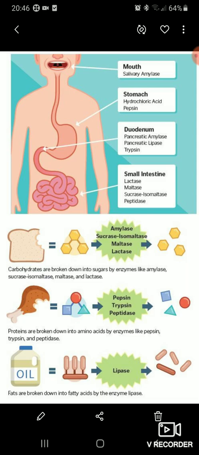Synthesis of vitamin A from carotene and storage of vitamin A, B12, E and D. Synthesis of albumin from amino acid. Storage of inorganic substances like iron, copper and potassium. Formation of blood proteins, that is prothrombin and fibrinogen. These are necessary for blood clotting.